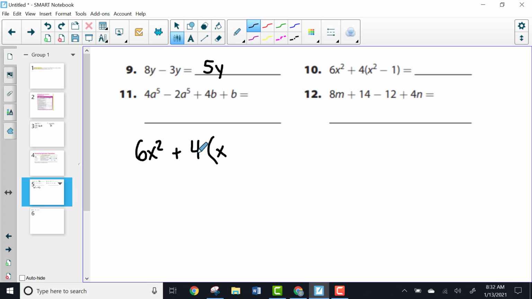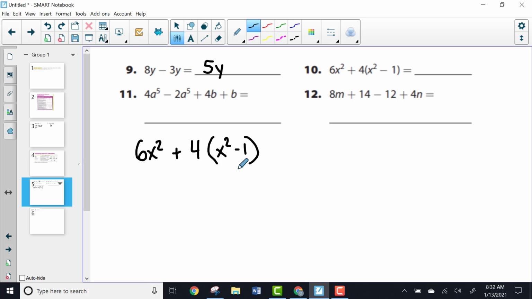Remember, whenever a number is next to a parentheses without any operation sign, it means you're going to use the distributive property, and you are going to multiply 4 times 2x and then 4 times -1.